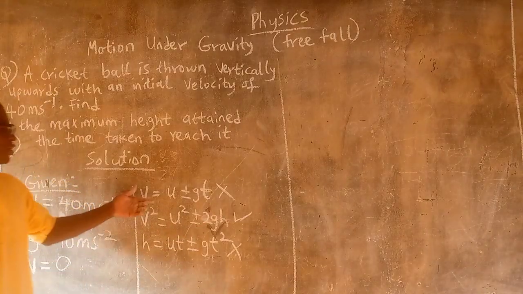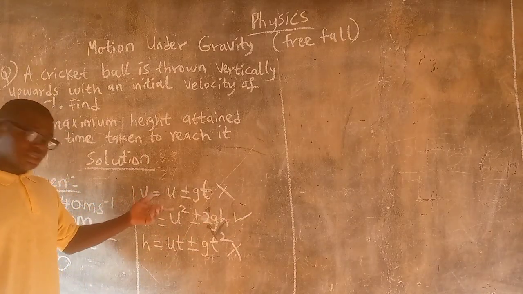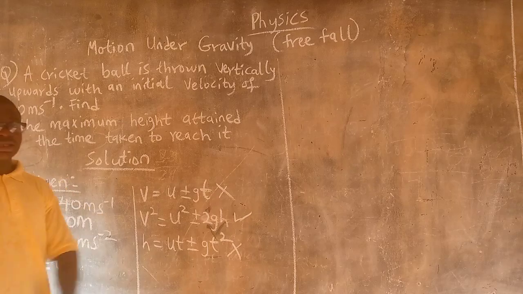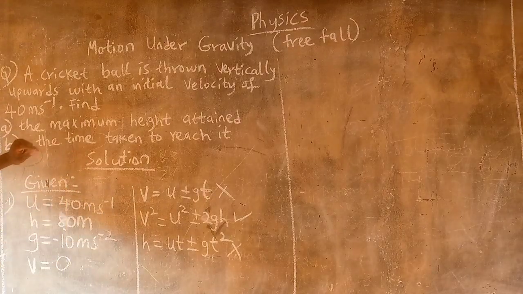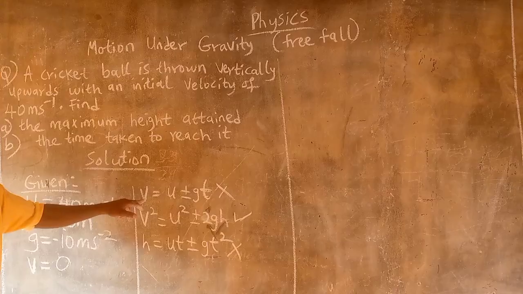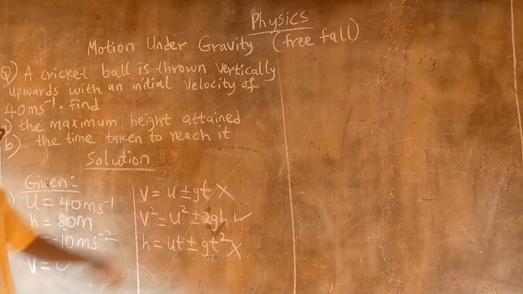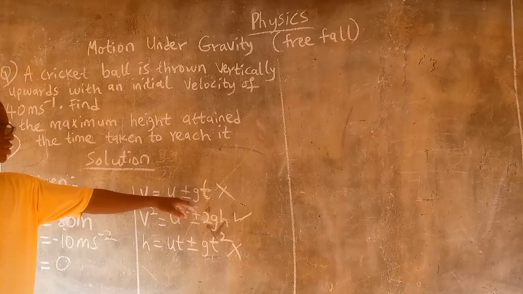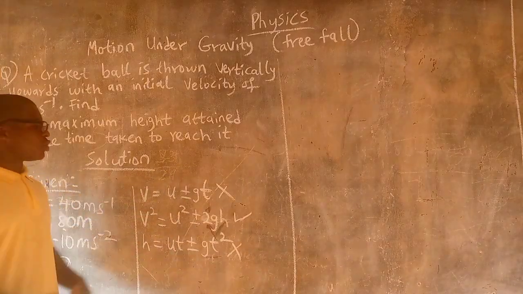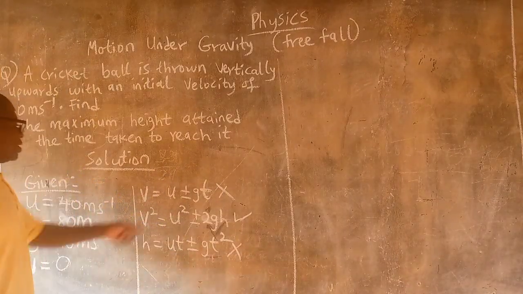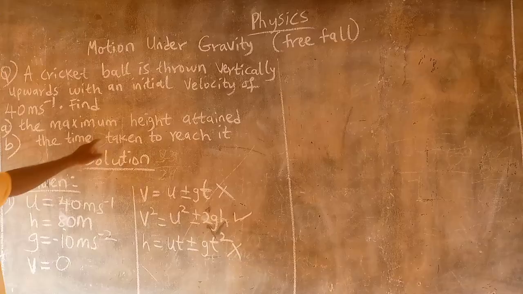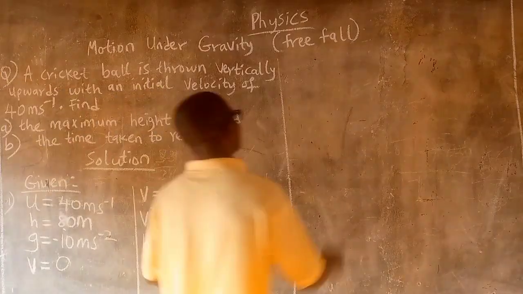So let me check whether I can use this equation to calculate time. V, there is value for V, there is value for U, and there is value for G. So I can use equation 1 to calculate the time taken for the object to reach maximum height.